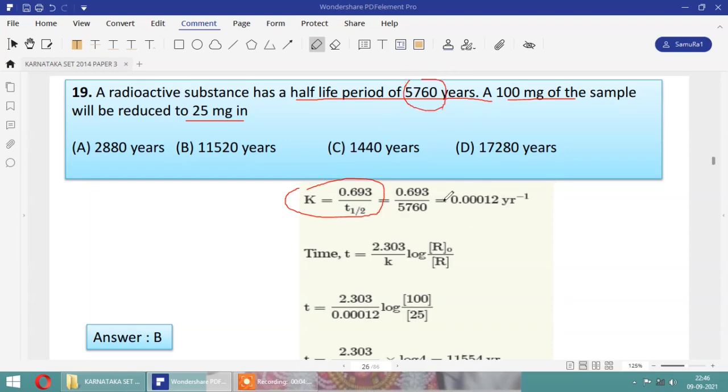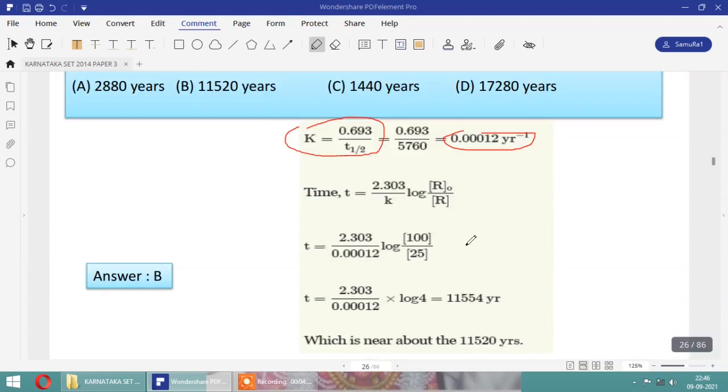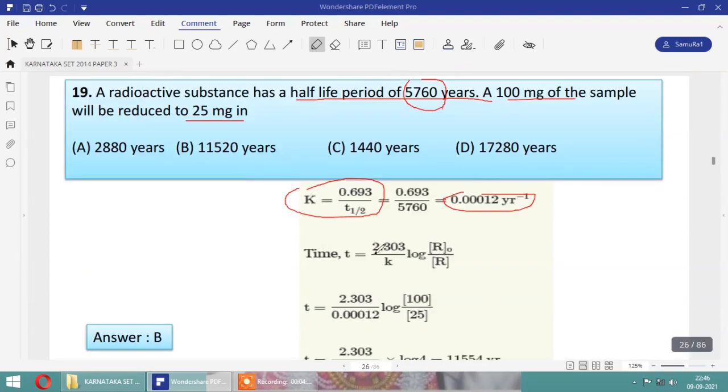So you will get the value of K. Now you calculate the value of time, t equal to 2.303 divided by K times log R0 by R. Here 2.303, the K value already calculated, and log of 100 milligram, this 100 milligram of the substance concentration reduced to 25 milligram.